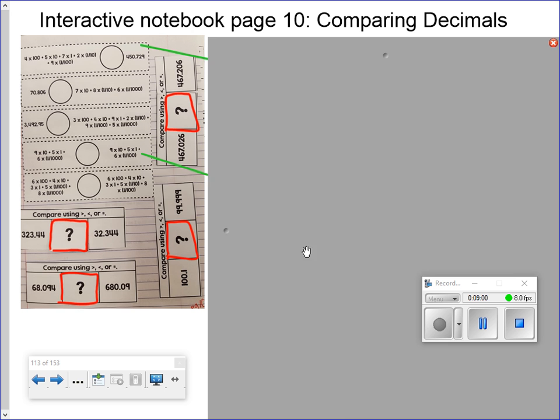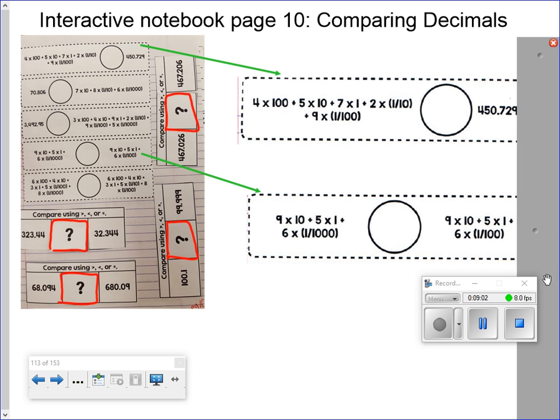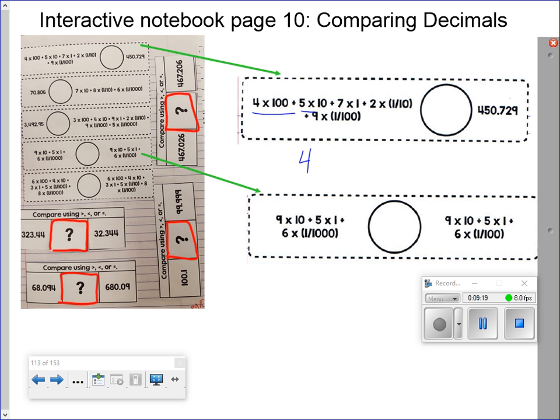So for one of these, when they have it in expanded form, like this example, I would write it in base 10 numeral form, and then I think it will be easier to compare. So for example, I have a 4 in the hundreds place, a 5 in the tens place, a 7 in the ones place, a 2 in the tenths place, and a 9 in the hundredths place.